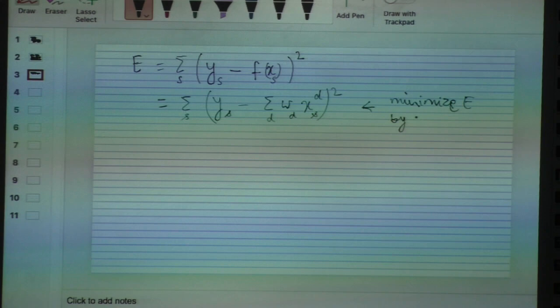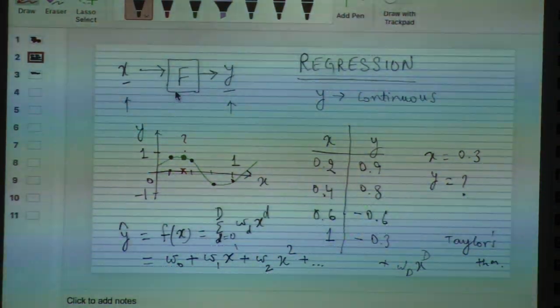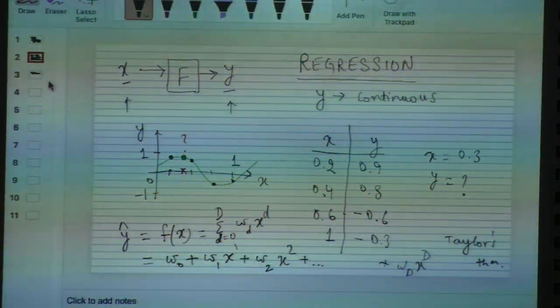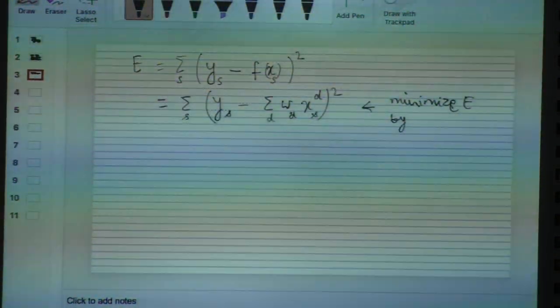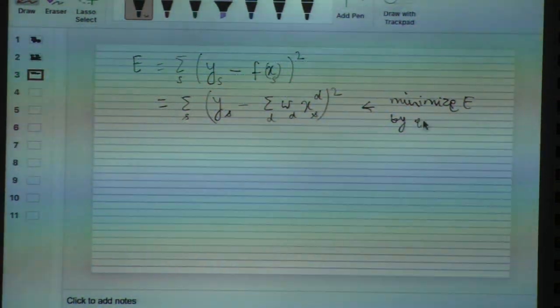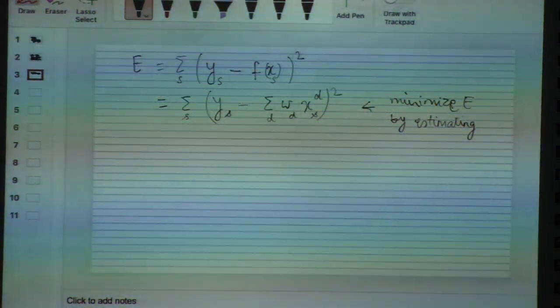Xs are also fixed. So my ys and xs are fixed. But what is changing in my equation here? It's the wd, by changing or by estimating wd.